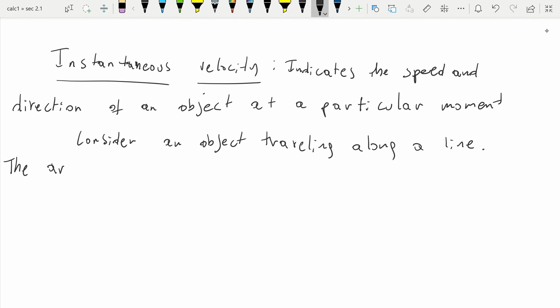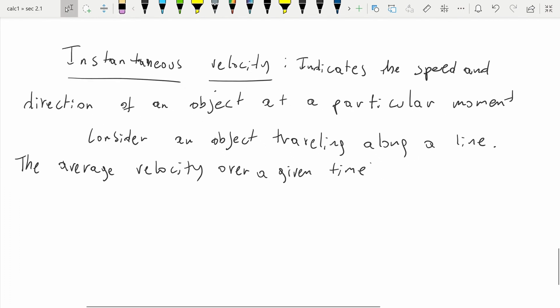The average velocity over a given time is defined using the ratio.